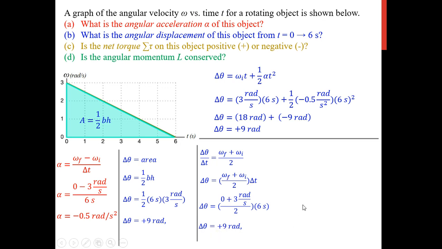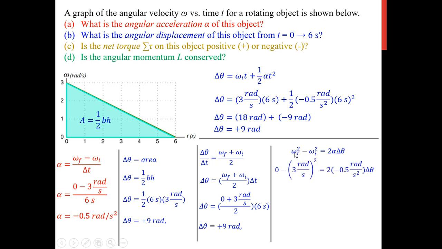And last but not least, this variation looks like a common form in the kinematics functions, where Vf squared minus Vi squared equals 2a delta x. Again, we've just changed our V to omegas, our a to angular acceleration, and our delta x into change in theta. If you do that, it's pretty easy as well.